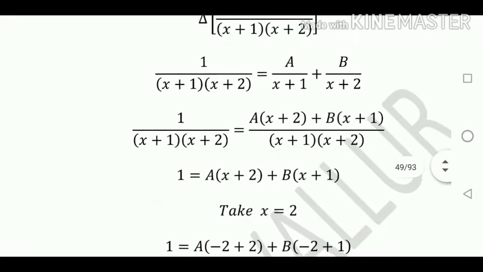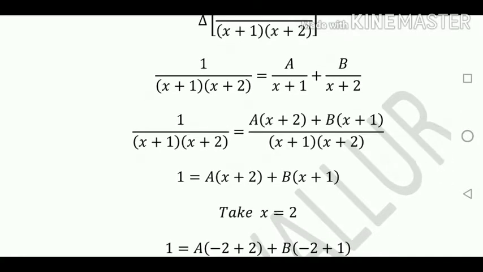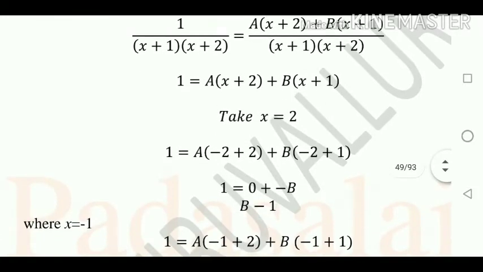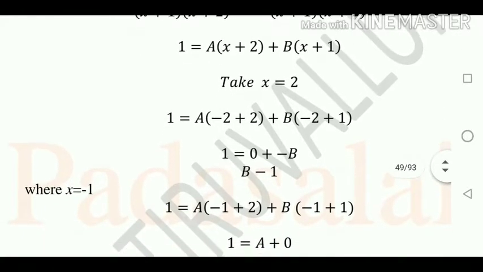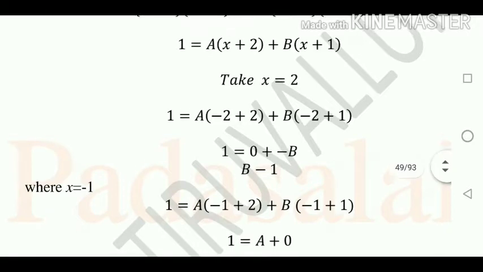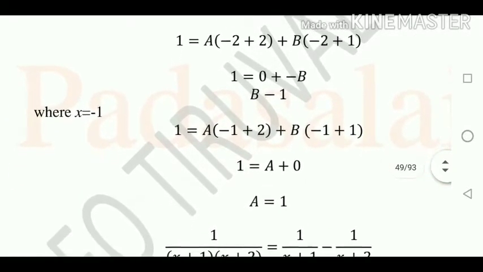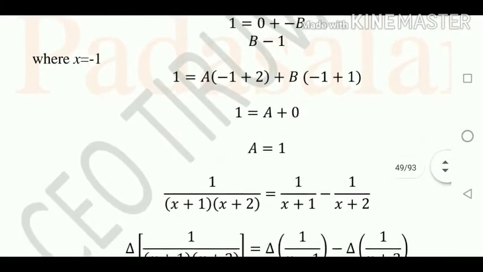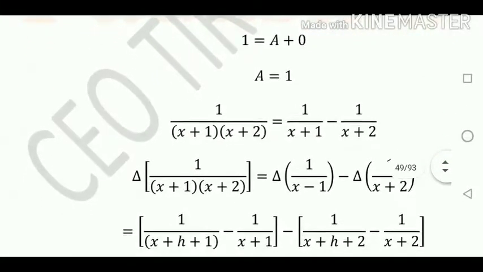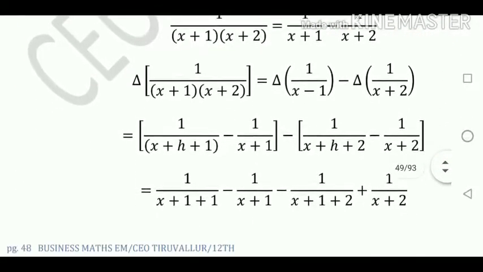After that, a into x plus 2 and b into x plus 1. We are getting 1 equal to this, then substituting the values of x, we are getting the value of b as well as a. Then a equal to 1 and b equal to 1. So substitute these values.